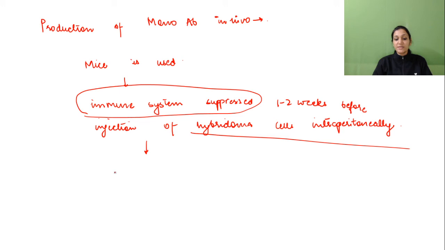Suppression is done by injecting a primer such as pristane or Freund's incomplete adjuvant.